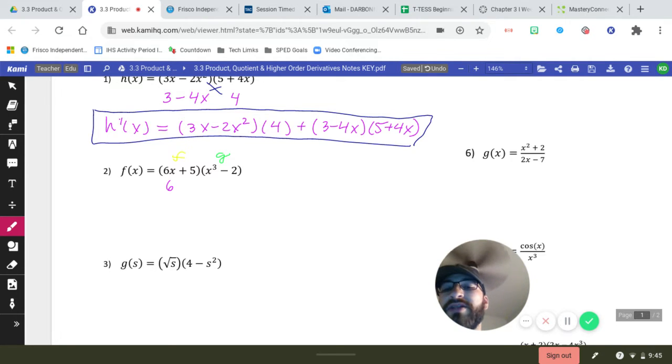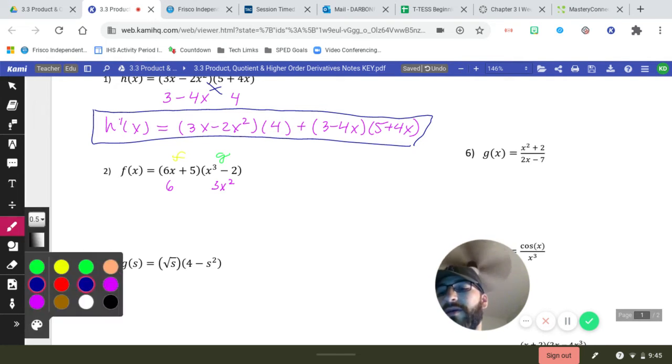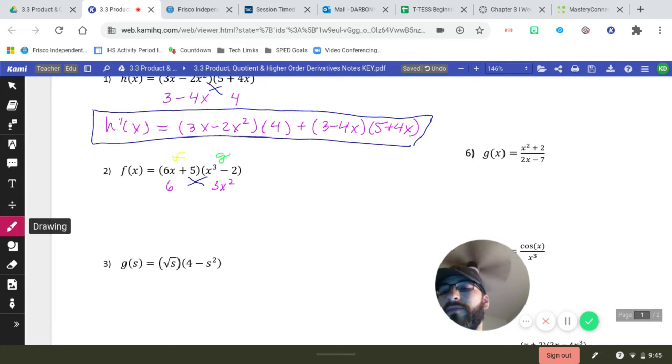Then x cubed minus 2 would be 3x squared, and the minus 2 would just go away because it's a constant by itself. And then we're going to cross multiply. So f prime of x is equal to 6x plus 5 times 3x squared, plus 6 times x cubed minus 2.